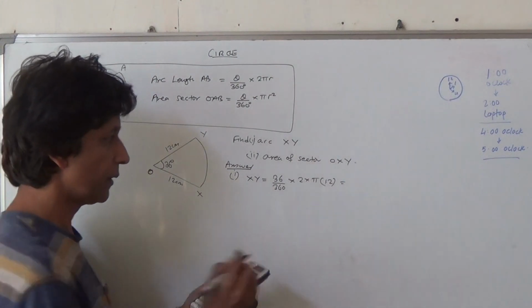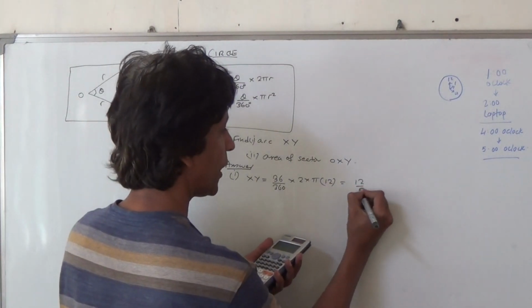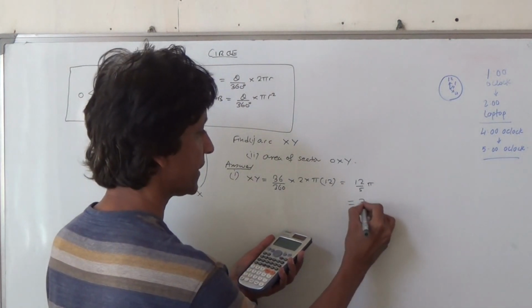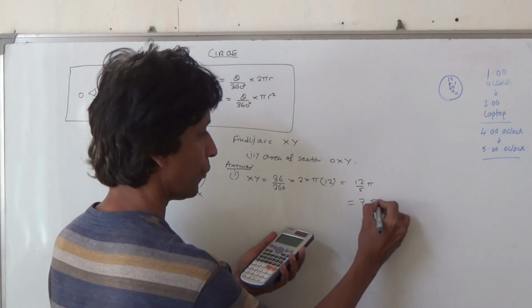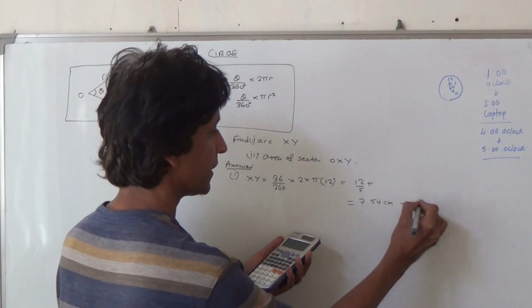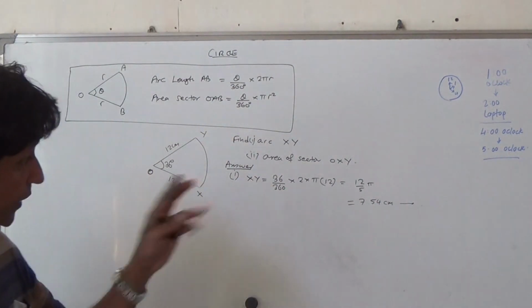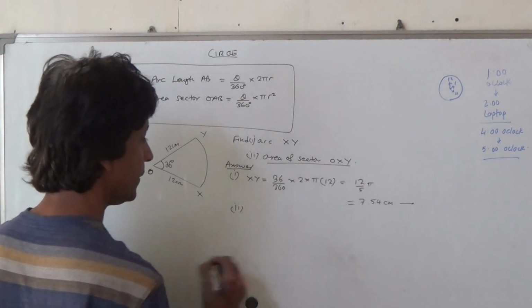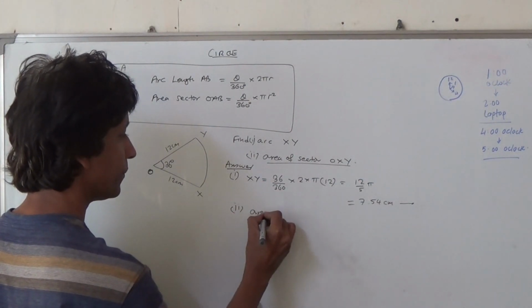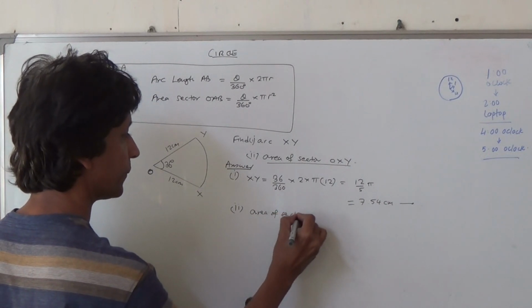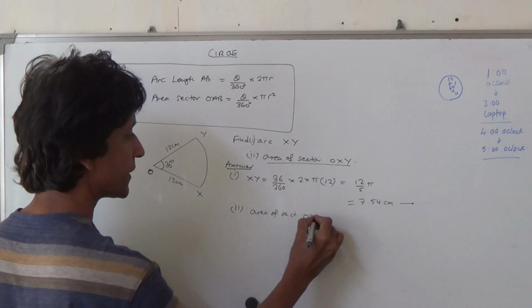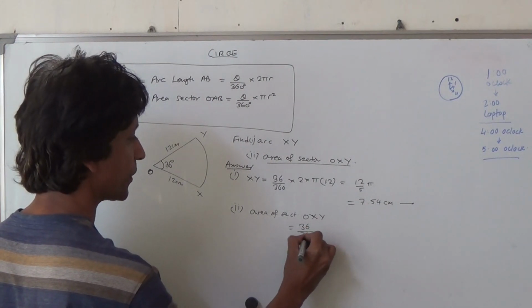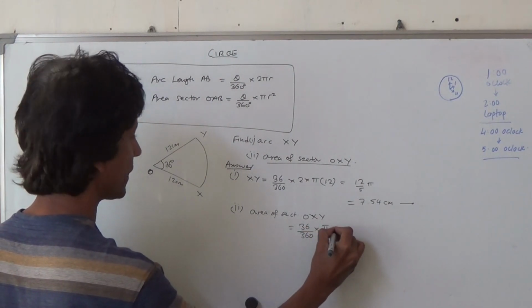We're getting 12 over 5 pi, which is approximately 7.54 centimeters. Moving on, I want to find the area of the sector. So the area of sector OXY should be given by 36 over 360 times pi r squared.